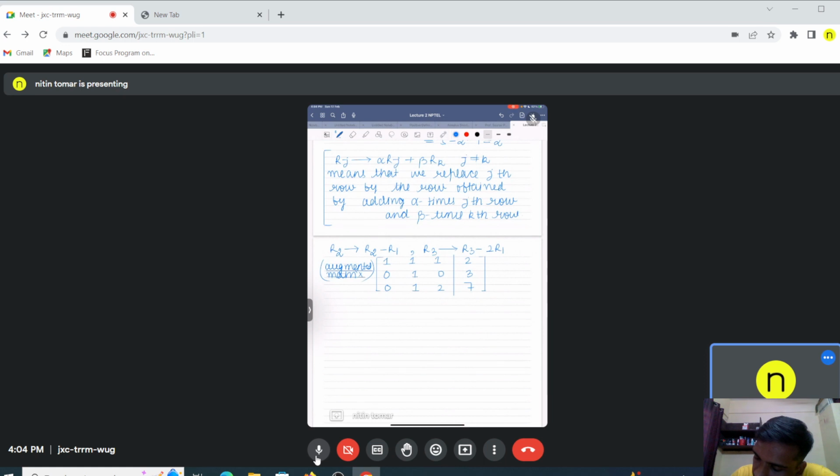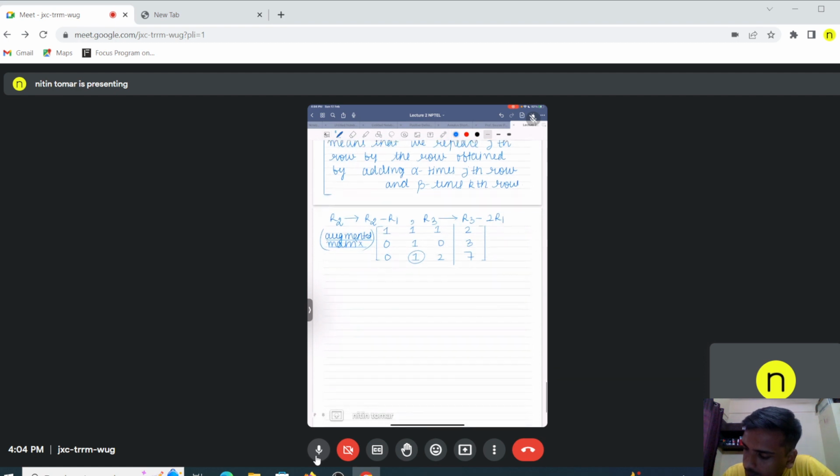Now what you will do? Make third row second element 0. So this you will make 0, right? Yes. So how will you do that? Just R3 minus R2. Very good.